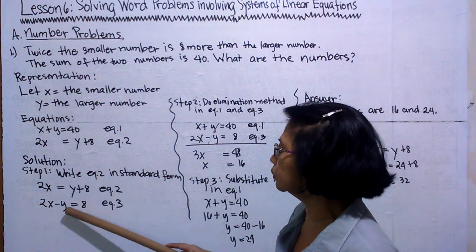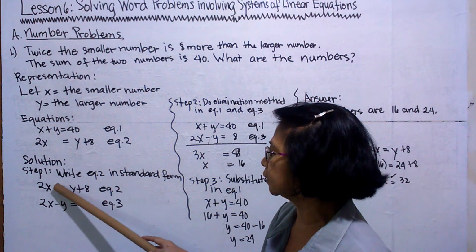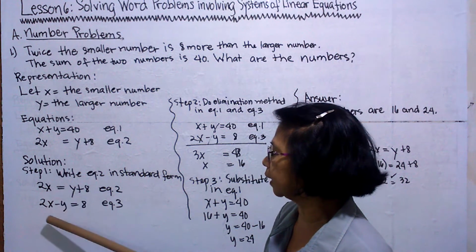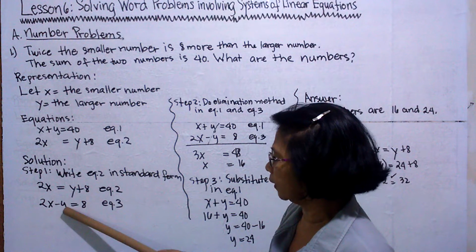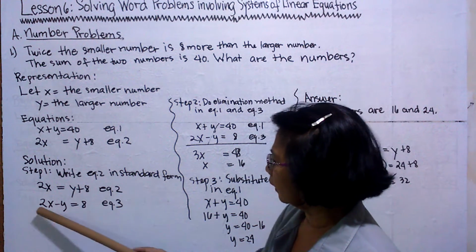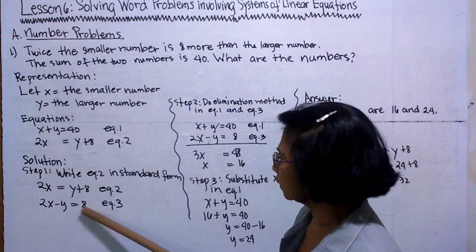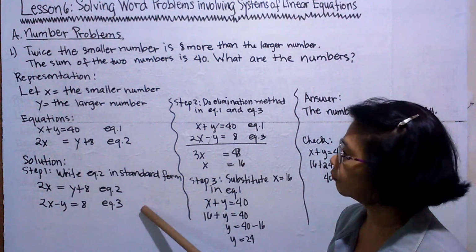We move y to the left side of the equal sign with the 2x, so it will now be 2x minus y equals 8. So ax plus by equals c. We label this as equation 3.